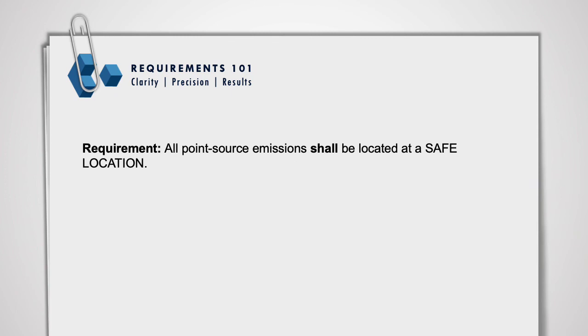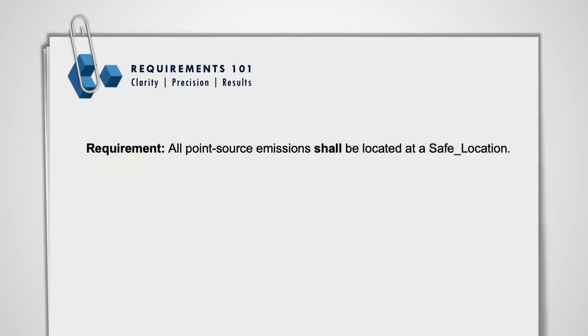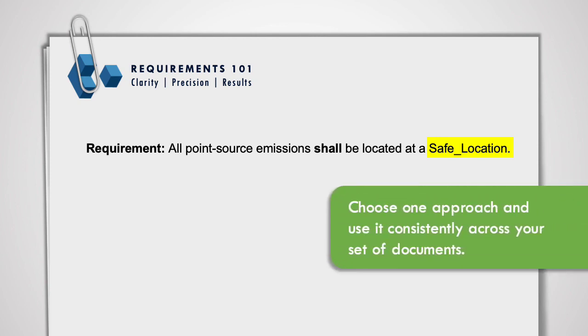The other approach is to put the entire word in capital letters. When using phrases, we've seen this approach used by folks outside of oil and gas, and it's another elegant way of prompting the reader that the term has been formally defined. But the most important thing to remember is to choose one approach and then use it consistently across your set of documents.